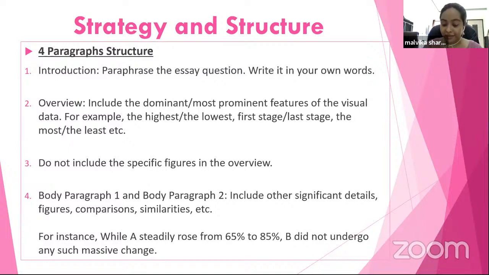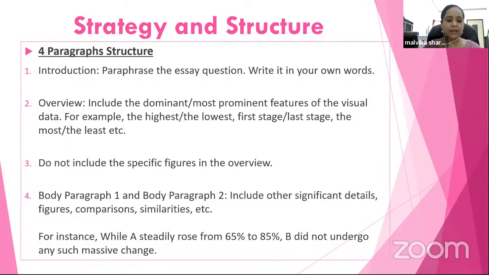If it is a process, if it is some kind of diagram that you have as visual data, then some stages would be there, some first stage would be there, the last stage would be there. Some kind of data would have the most, the least, those sort of things. So the things that we can quickly gauge the moment we have a look at that visual data are known as prominent, striking, dominant features. And those dominant features become a part of our overview.